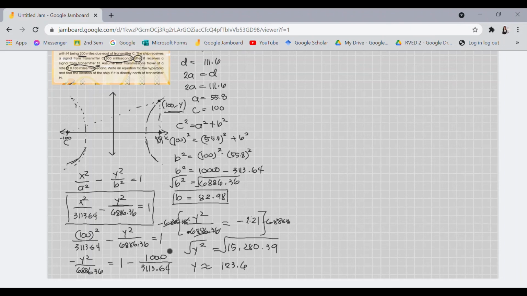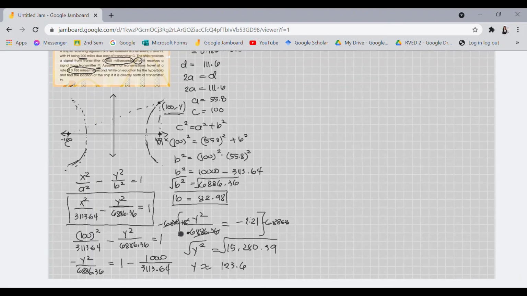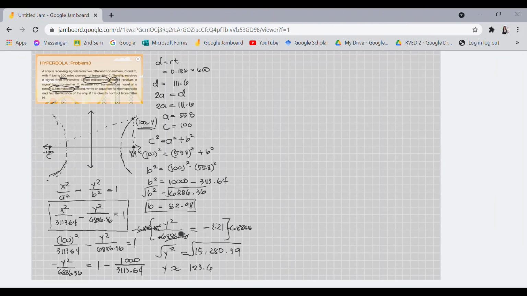So, yun din yung special use ng scientific calculator para dire-diretso nyo siyang masolve. Okay? Kasi decimal, yung round sa decimal, malaki talaga yung effect niya in the answer. So, since y is equal to approximately 123.6, the location of the ship is now at 100, 123.6. Yun na yung kanyang position.